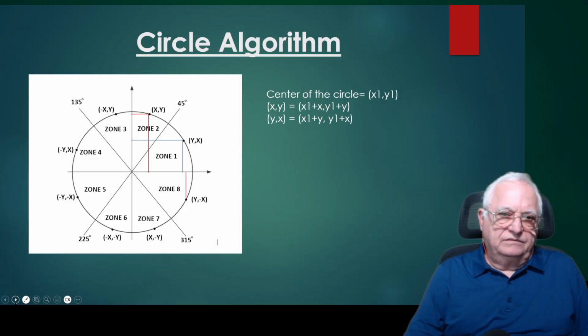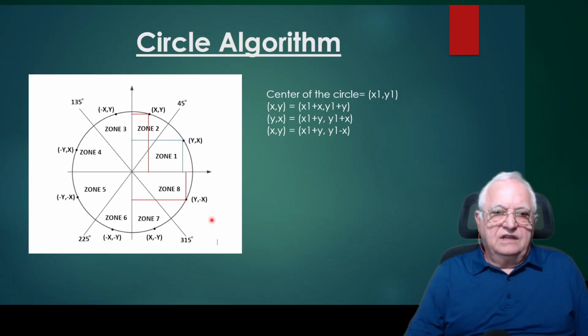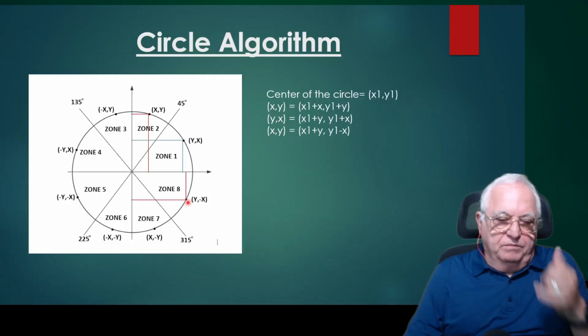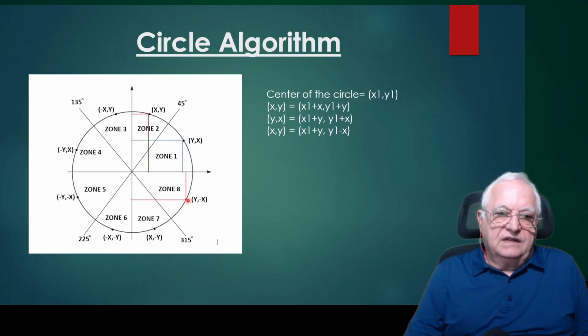Let's look at another one. Let's look at this point. The x coordinate for this point here is going to be x1 plus y, which gets me here, and then the y coordinate for this point is going to be the y1 coordinate minus x.